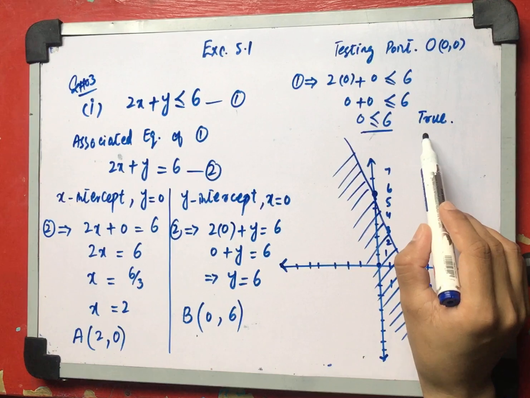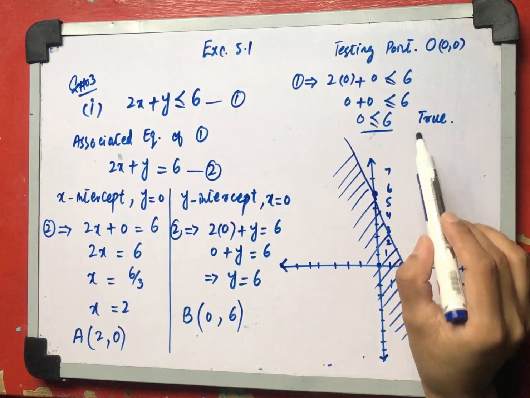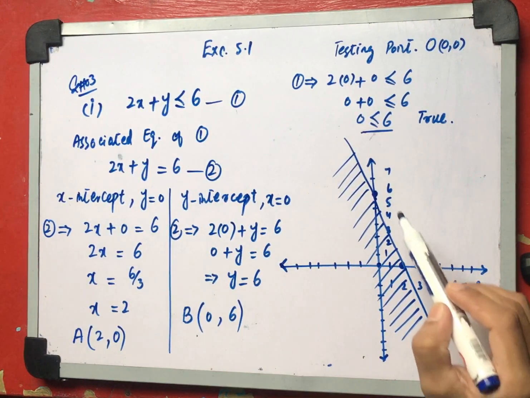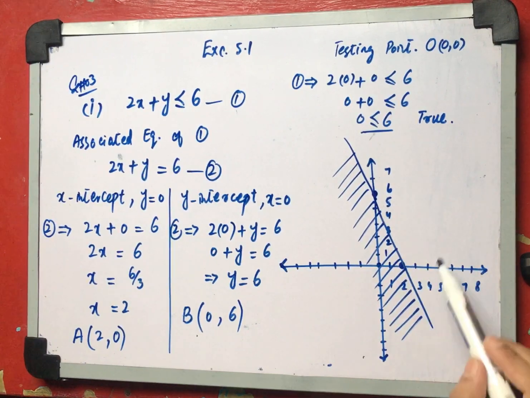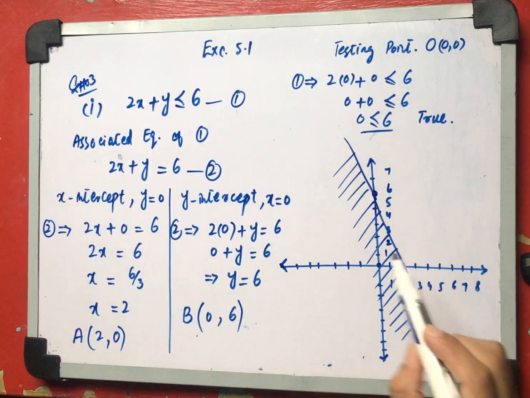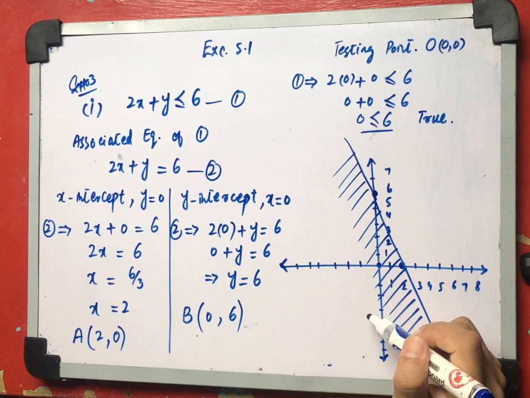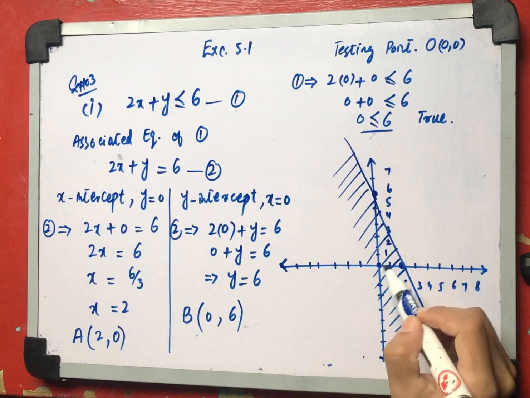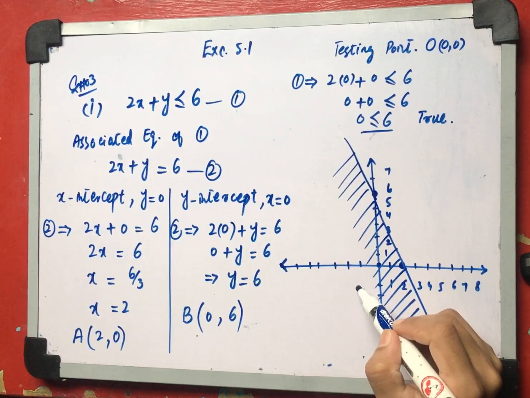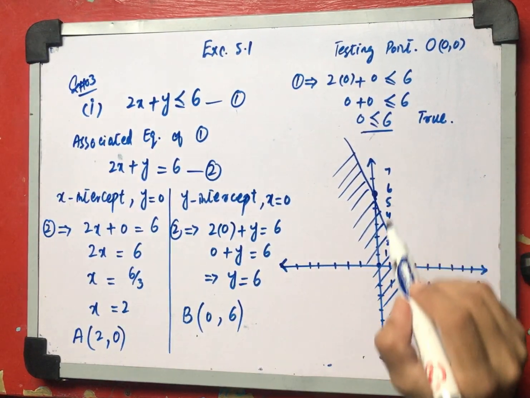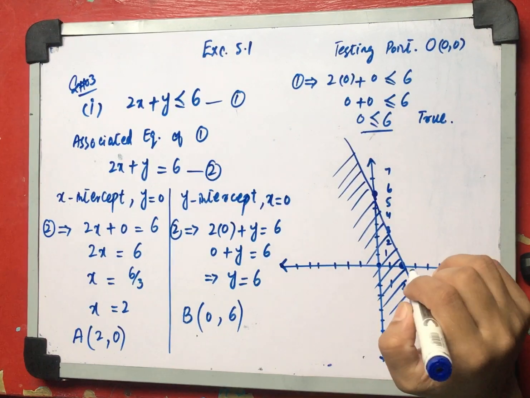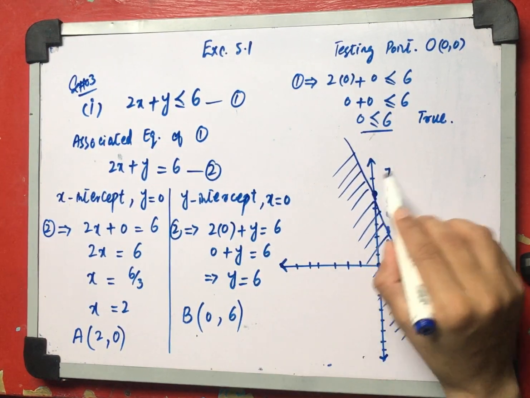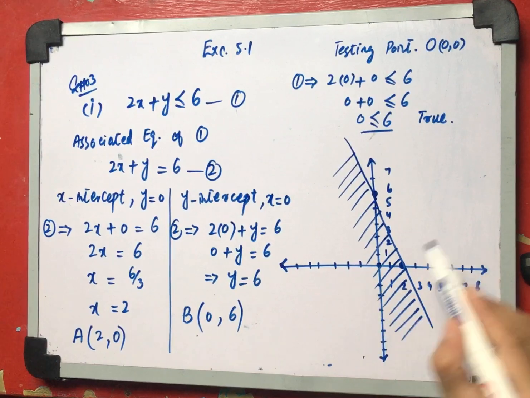If it were false here, then we would shade the region away from the line. I hope it is clear to you. For condition true, we have to shade the region towards the origin, and if it is false, then you have to shade the area away from the line, away from the origin.